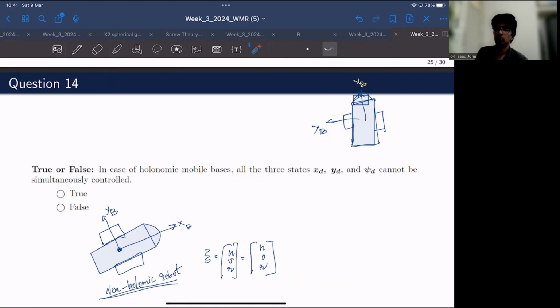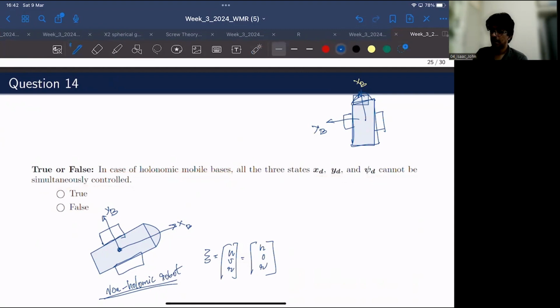But in case of a holonomic robot, the position and orientation are achieved simultaneously, because it can move along lateral and longitudinal direction at any orientation. So that is not a constraint for a holonomic robot. So what does the question say? In case of a holonomic mobile base, all three states XD, YD, and PSID cannot be simultaneously controlled.